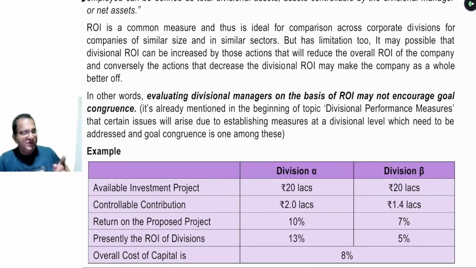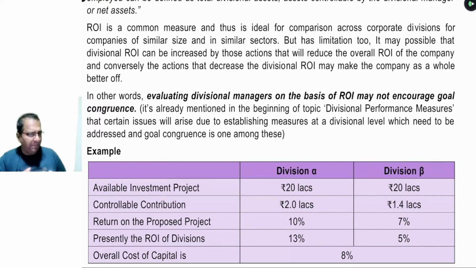But if department alpha invests in this new project, the ROI of the new project is 10%, which is below the current ROI. If it considers that new investment, the overall ROI will come down from 13%, and definitely it will have a negative impact on the performance of the departmental manager.